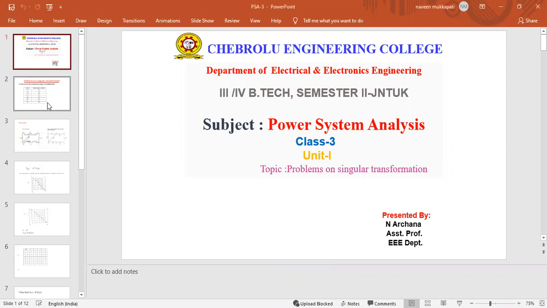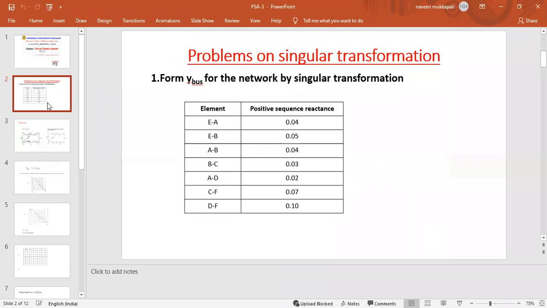This is one example formula given by the singular transformation. By using this table or the network connections, we determine the Y bus matrix.